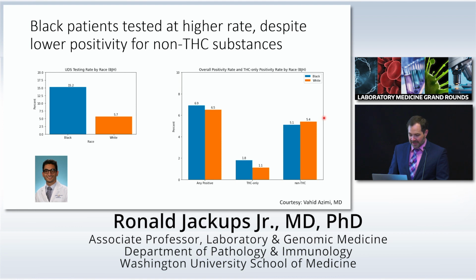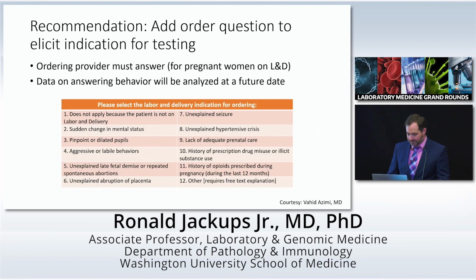So it's clear that whatever is triggering people to order this more frequently in black mothers, it is not coming out with identifying higher rates of the more dangerous drugs. So that does seem to be evidence of a lack of equity.